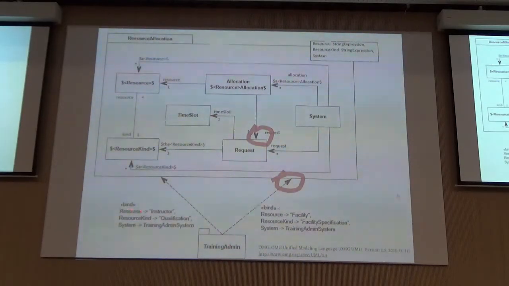You are actually binding this resource allocation to cover this kind of training system, training administration. On one side, you are doing this to cover training or instructor allocation, and on the other side, facility allocation. So this is the same thing applicable to both, and you do both bindings, so you will get a kind of full-blown diagram.